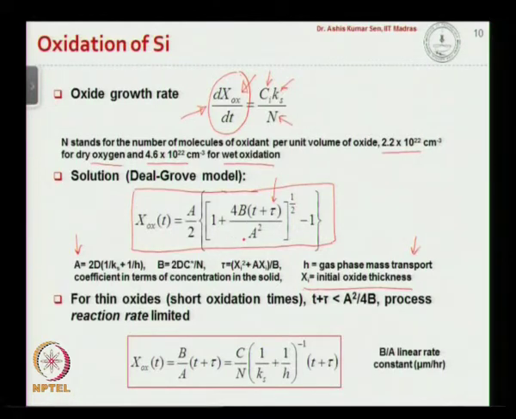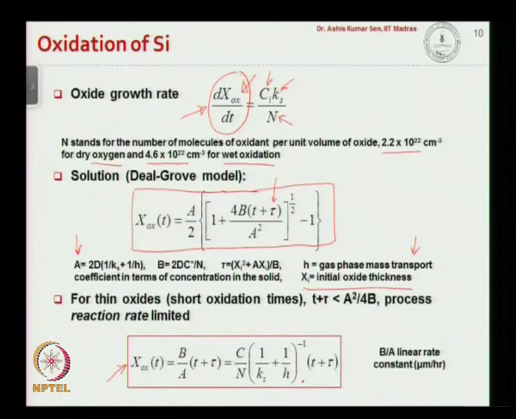So you can find the oxide layer thickness as a function of time, which will be B over A into (t plus tau). If you plug in the values for B and A, we get C star over N into 1 divided by (1 over Ks plus 1 over h), into (t plus tau).